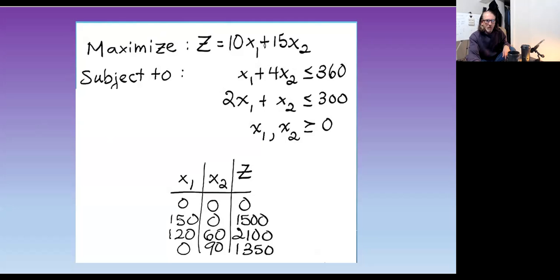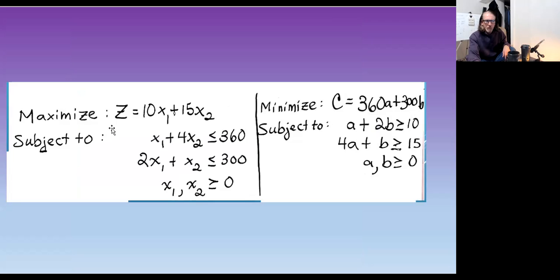So not only are we seeing some of the same coefficients in this new minimization problem, just showing up in different places, and we'll talk about what that pattern is, but also the fact that we came up with Z maximized at 2100 and C being minimized, the minimum value also being 2100.